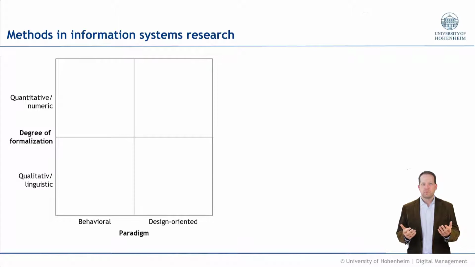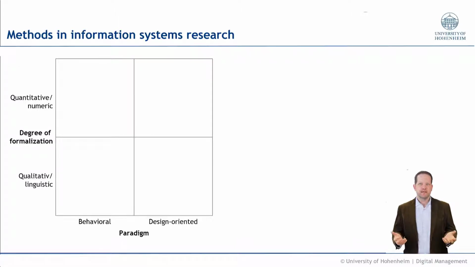Regarding the paradigm, we have the behavioral and we have the design-oriented perspectives on information systems research. The behavioral science paradigm has its roots in the natural sciences. It seeks to develop theories and explain or predict organizational and human phenomena surrounding the design, the implementation, the management, or the use of information systems.